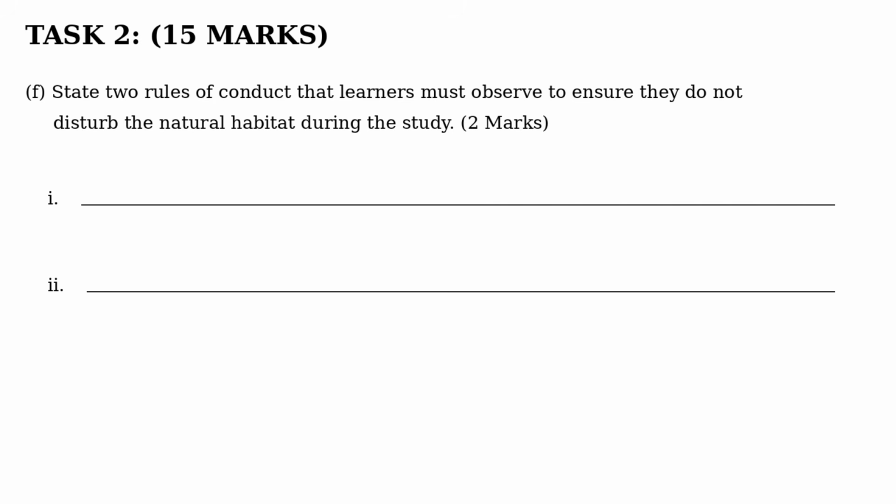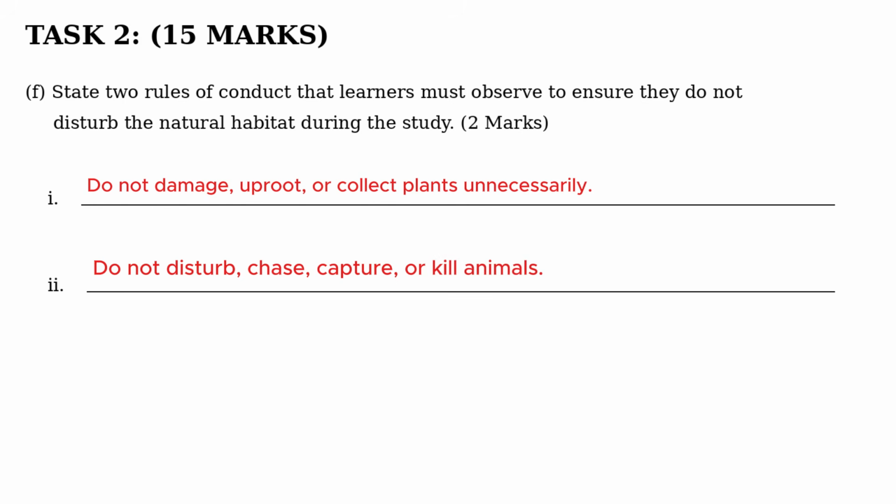And then question F, the last one, it says, state 2 rules of conduct that learners must observe to ensure they do not disturb the natural habitat during the study. So rules of conduct, I will state them. Do not damage, uproot or collect plants unnecessarily. Do not disturb, chase, capture or kill animals. And then do not litter.